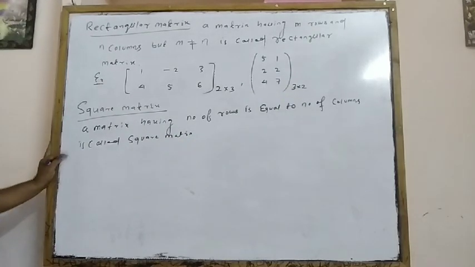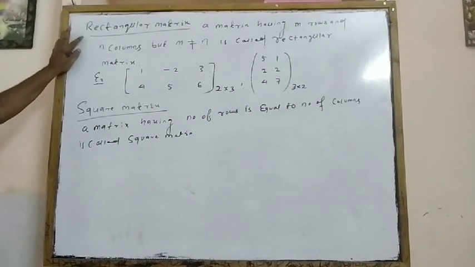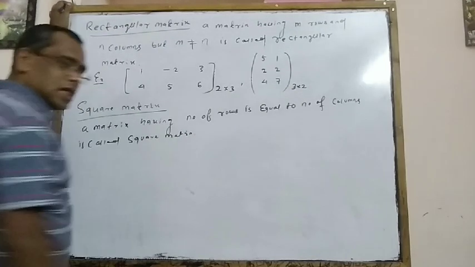A rectangular matrix is said to be a square matrix if m is equal to n.